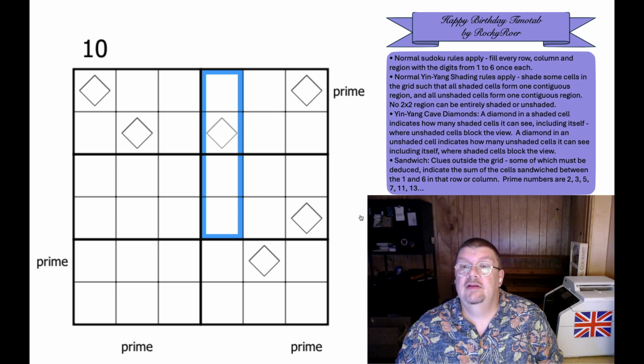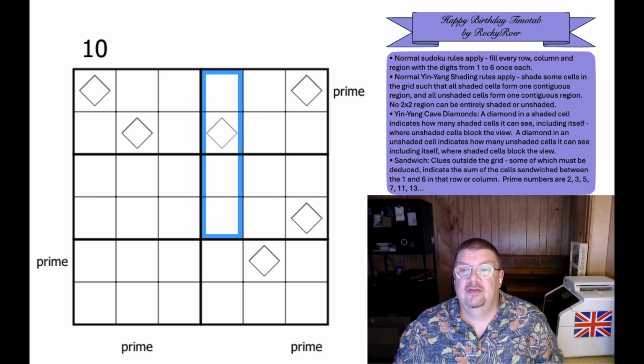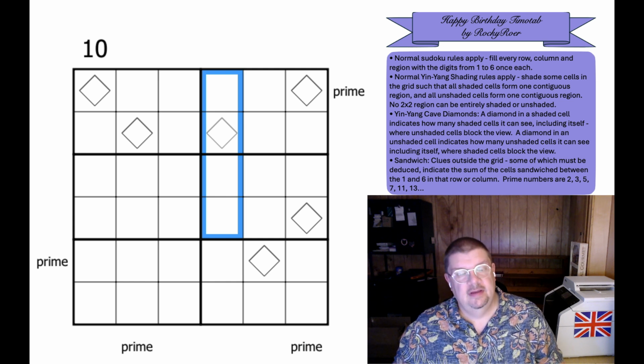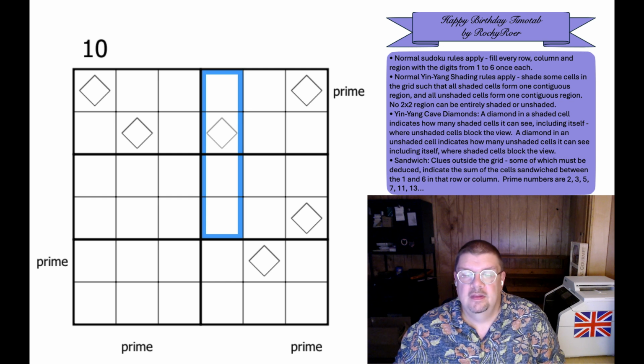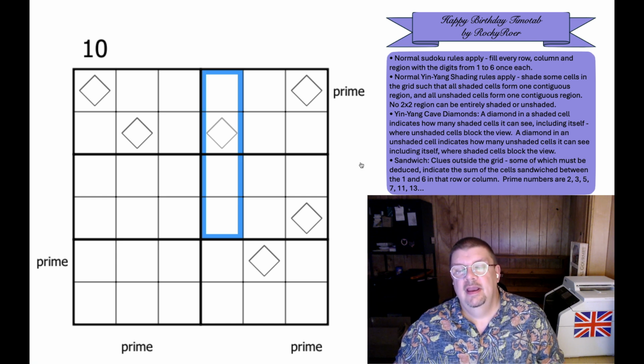And just as a helpful hint, the RockyRoer has reminded us that the first few prime numbers are 2, 3, 5, 7, 11, and 13. There is a dot, dot, dot there, but I think I've spotted something as to why it won't be necessary to look further. But anyway, that's all the rules.